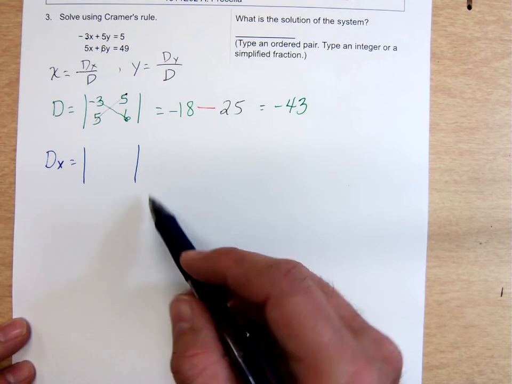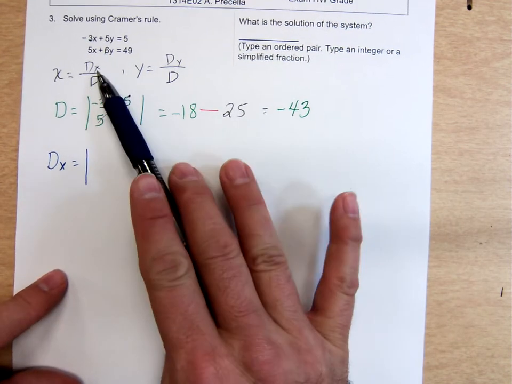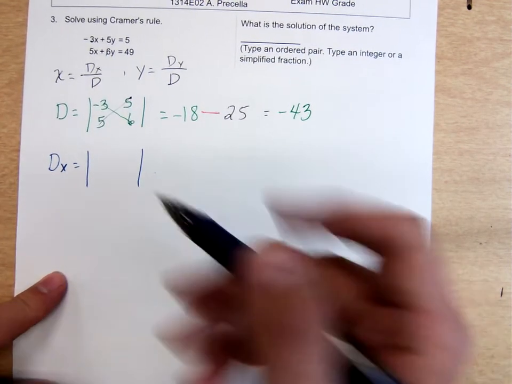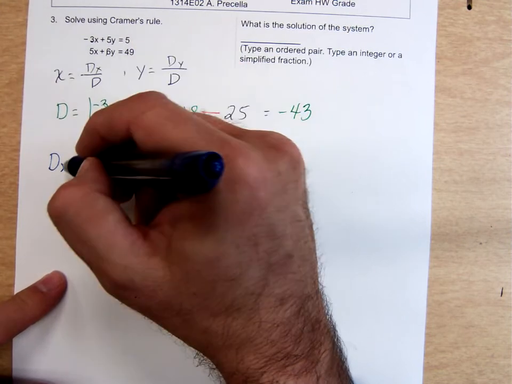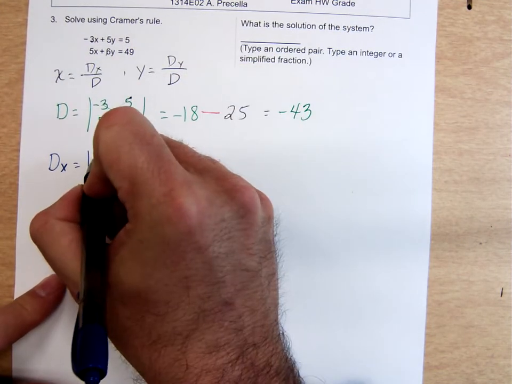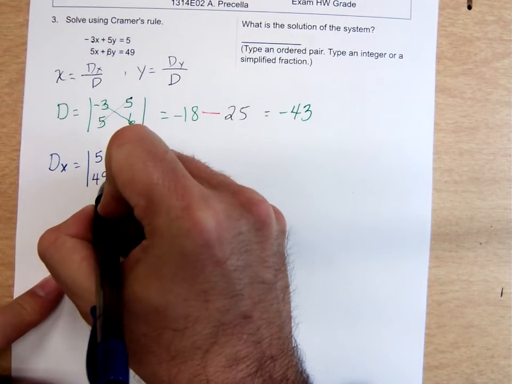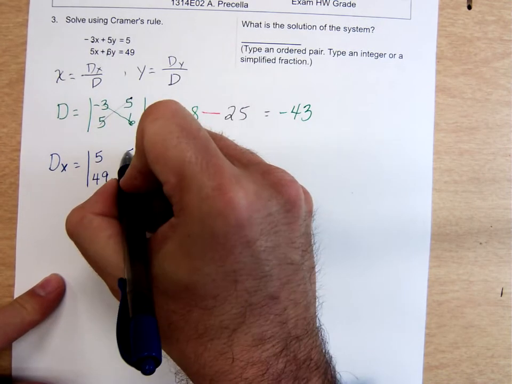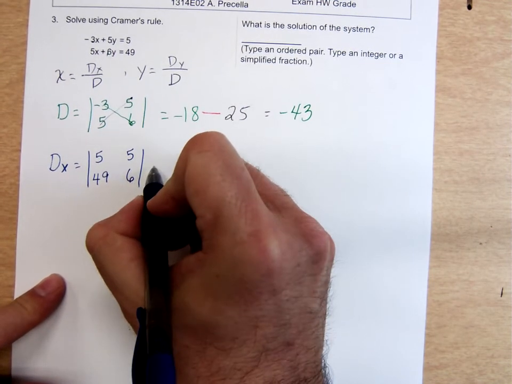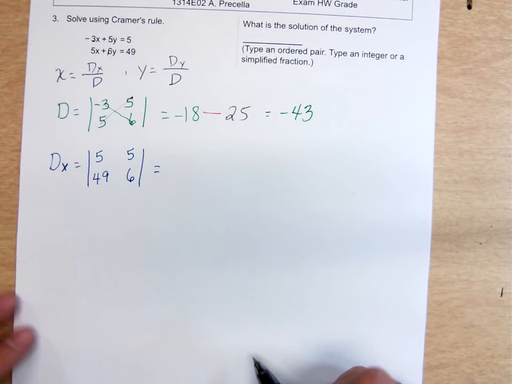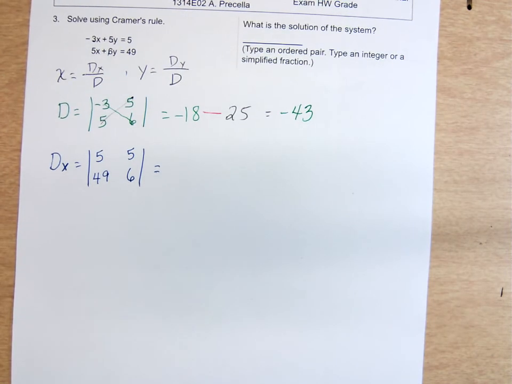One time a student asked me, why don't I find dx first? No reason. Replace the x column with the 5 and 49. Use a 5 and a 6 for the y column. And do the little crisscross.